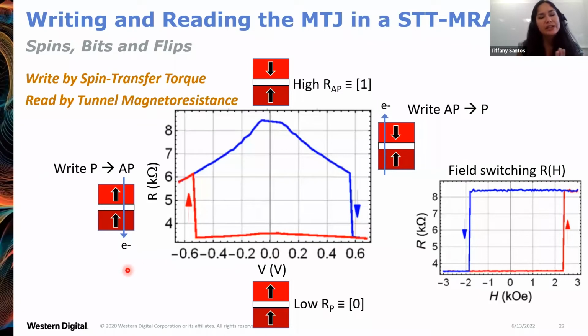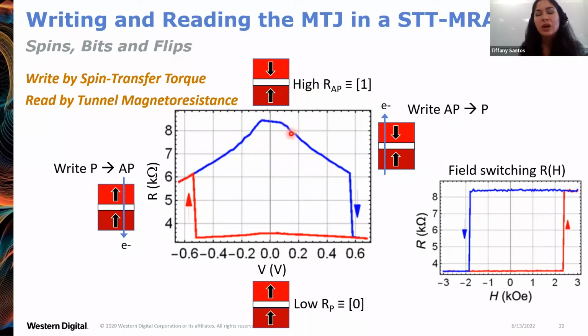So here's an example of the reading and writing of the magnetic tunnel junction for the STT-MRAM cell. I'm showing here resistance versus voltage. If we start here at the high resistance state, for example, a written bit of 1, where the two ferromagnets have their magnetization oriented anti-parallel to each other, you can read this with a low bias.